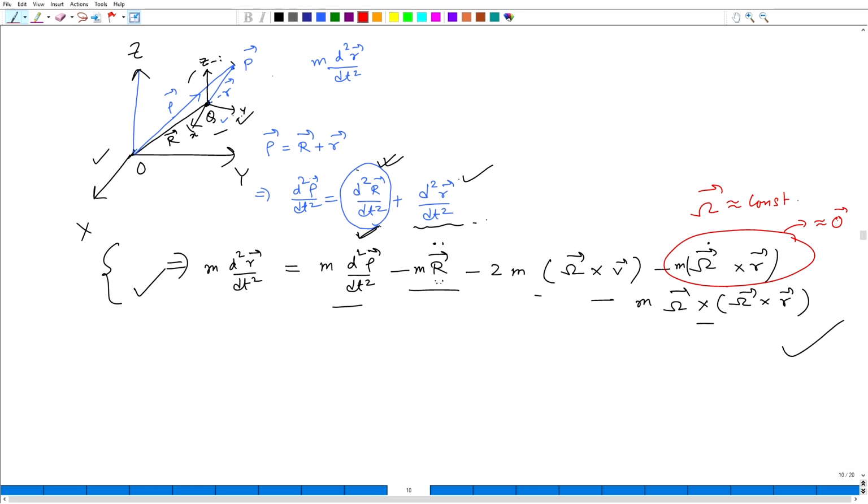Then I can also say that m R double dot will be equal to the acceleration of an observer who is sitting on the earth surface. So, that we can use. What will be the expression, that we will see in a minute.